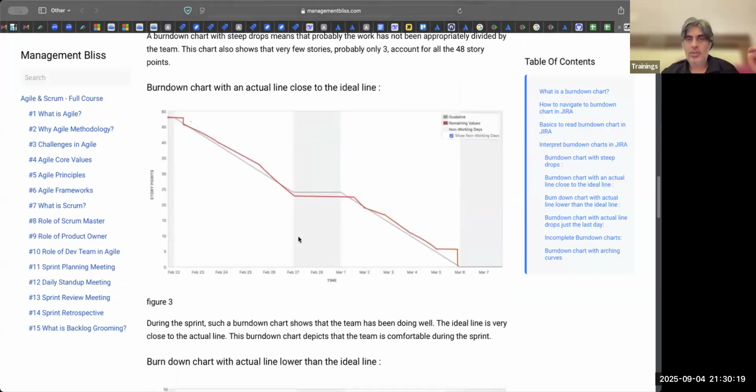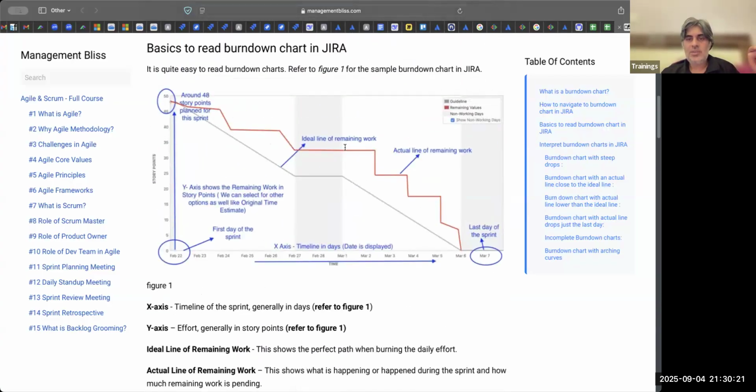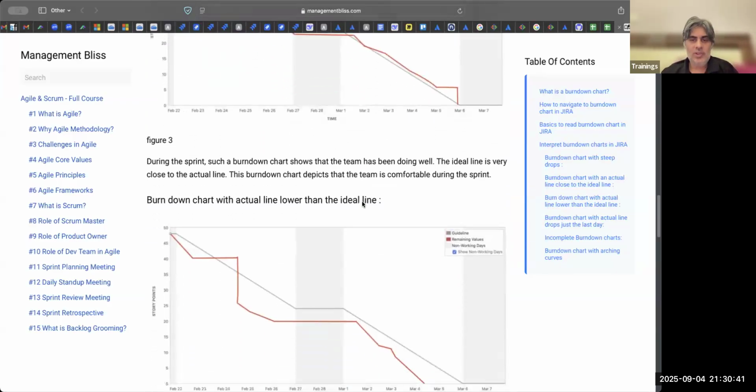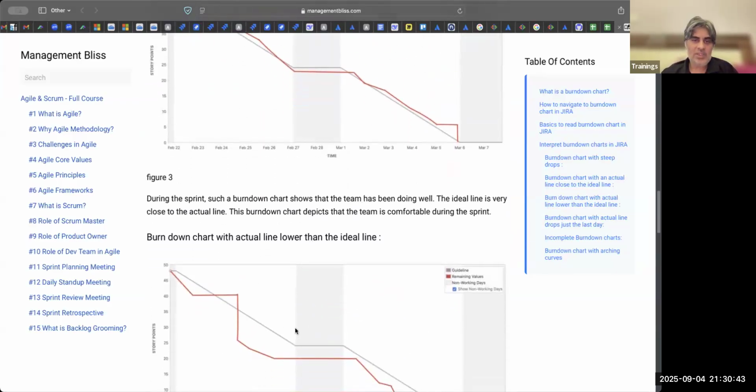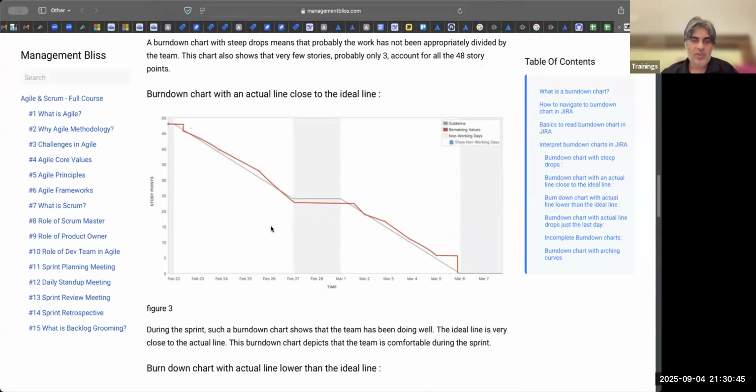This is a perfect way, but this never happens. See, every day some work was done, then some more work was done, then some more. If it is perfect steps, then that is a very nice team. They are doing super, but that's just utopia. Typically, sometimes you will have this kind of graph, sometimes you will have this.